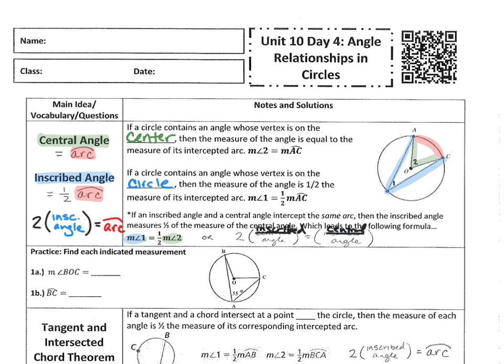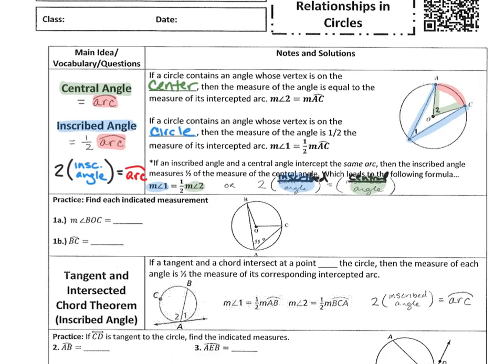Double the inscribed equal to the central, the same way you double the inscribed equal to the arc. My bad on that one. I knew that looked weird. This is why you proofread things. So you double the inscribed angle to make it equal to the central. Or you take half of the central to make it equal to the inscribed.